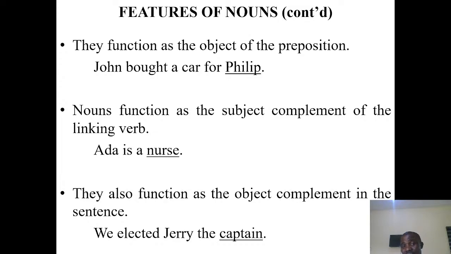It does not function as an object. An object is a noun that comes after a transitive verb. So any noun that comes after a linking verb cannot be classified as an object. It can be classified as what? A complement. Because that verb is linking the two nouns together.